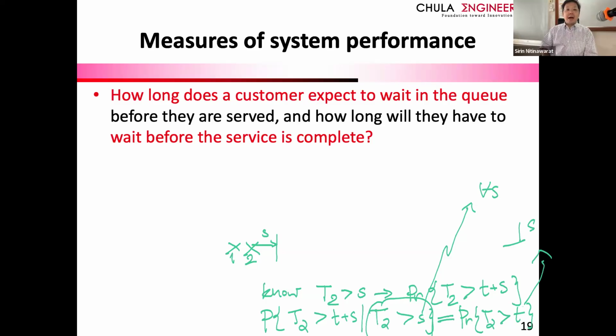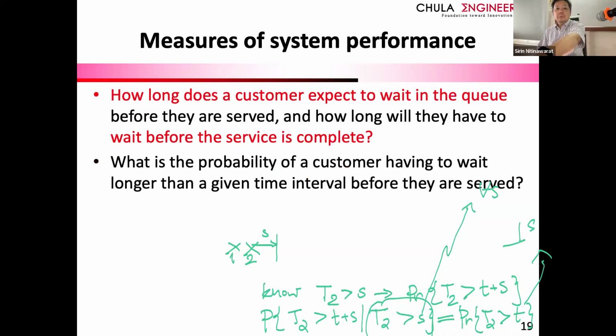A natural question you may ask is the average time that each customer should wait before he or she is being served. Another related quantity is the average service time. So the first bullet is about the averages.